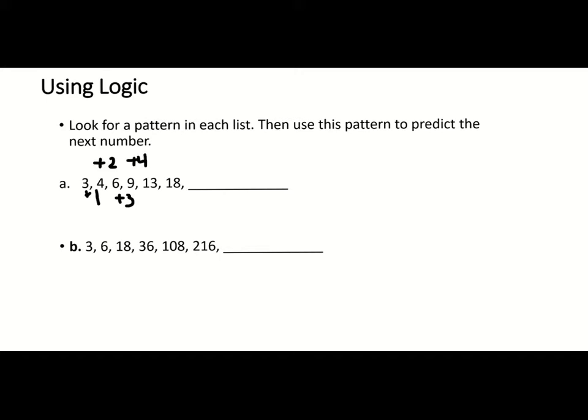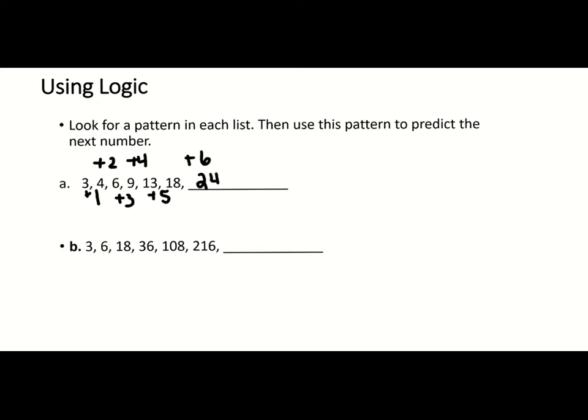And 13 to 18, you would add 5. So right away, I can see a pattern forming here. They're adding numbers, but they're increasing by 1 each time. So if they went from 13 to 18 and added 5, that means to get to the next number, we're going to add 6 to 18. So 18 plus 6 will give me 24 for my next number.